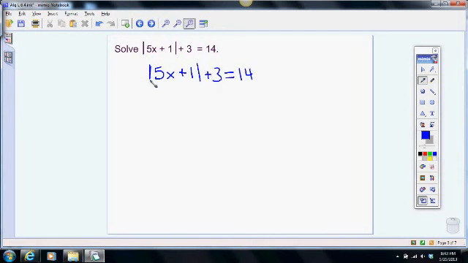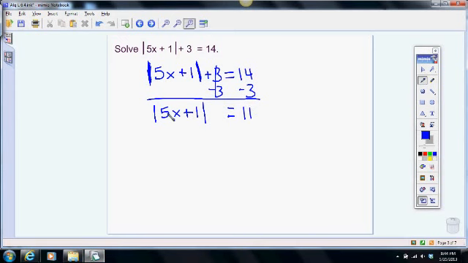We don't want to start dealing with this absolute value until that's the only thing we have on this side. So we'll just easily subtract 3 off of each side of the equation. And now we're left with the absolute value of 5x plus 1 equals 14 minus 3, which is 11.